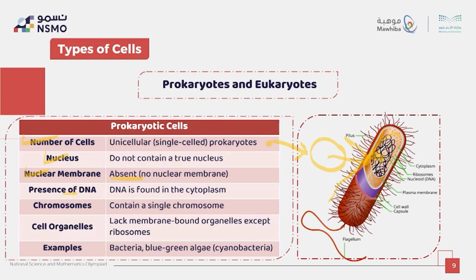We can see the DNA directly here, look guys, directly in the cytoplasm in a region called the nucleoid. This region here, surrounded, we call the nucleoid.